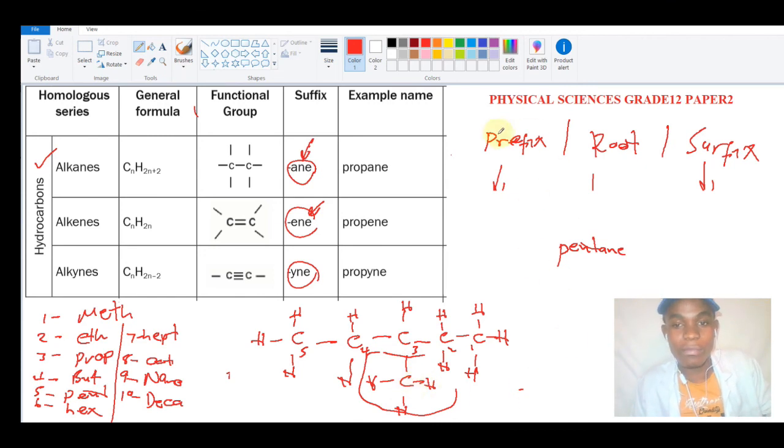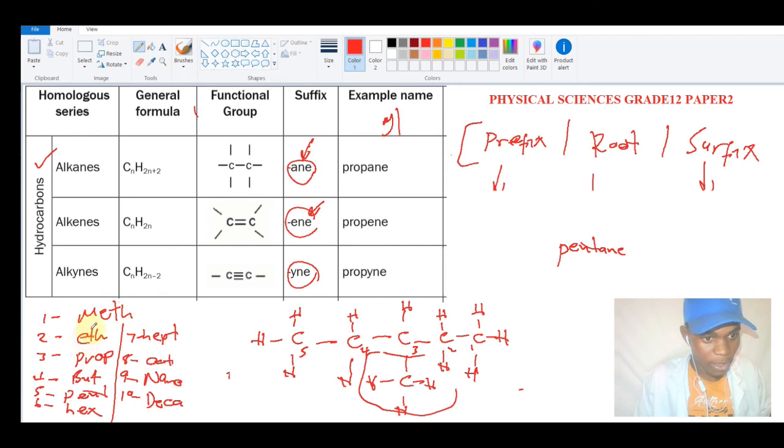How do we deal with that branch? We deal with it using the prefix. This is a substituent. You see, it has substituted a hydrogen there. Now when you name a substituent, you just count the number of carbons in your substituent, and then you put the suffix yl. So it's one carbon, it's methyl.